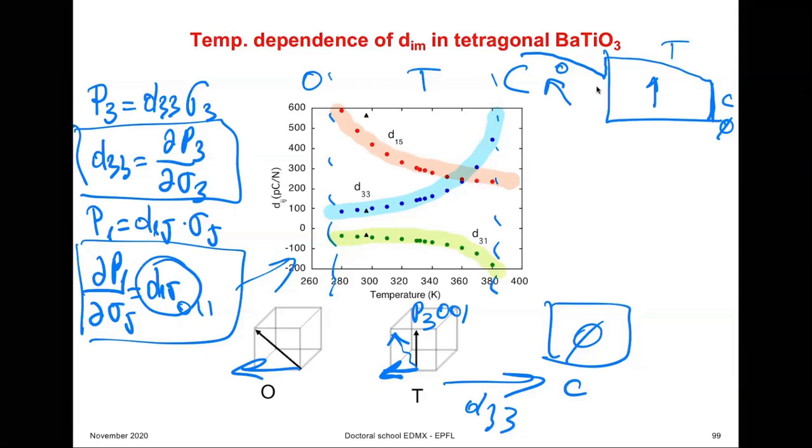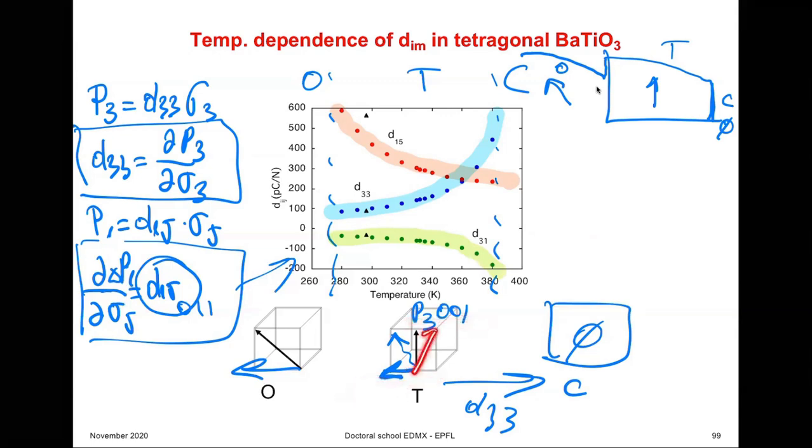I should actually write here, it would be more correct, delta P1 and not P1, because we don't have polarization in that direction in the tetragonal phase. However, we develop it when we apply pressure, shear pressure in this direction.